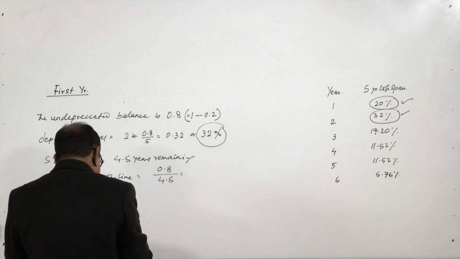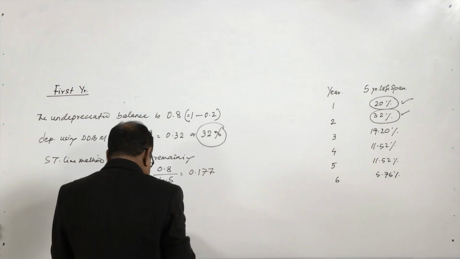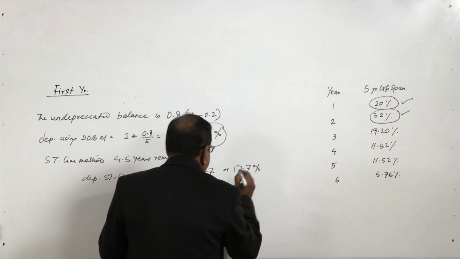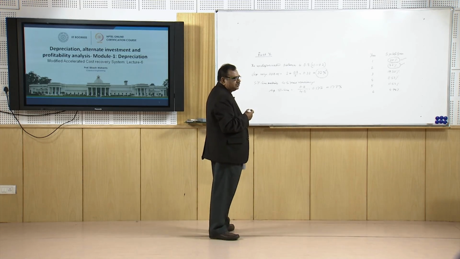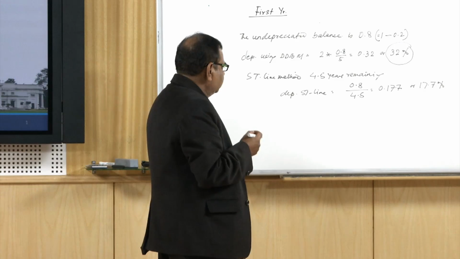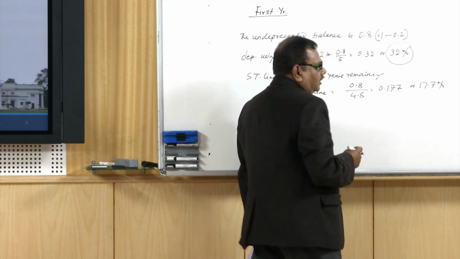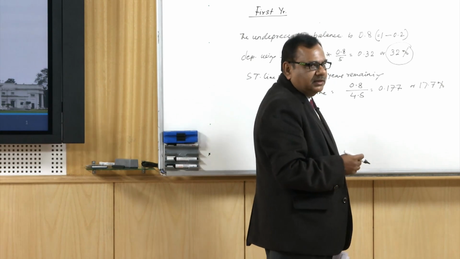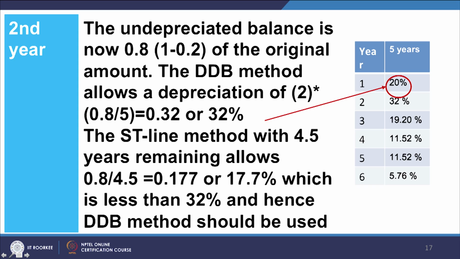This comes out to be 0.177 or 17.7%. So, what we find is that the depreciation calculated using the straight line method is less than the DDBM method, and that is why we will pick up DDBM in this case, and that is why we can use 32% deduction in the second year.